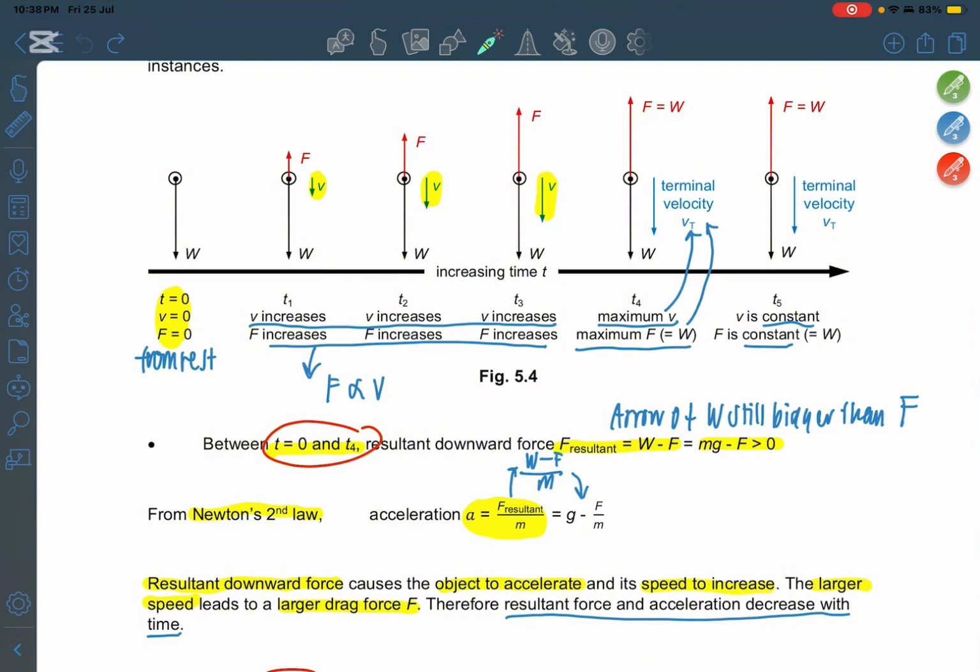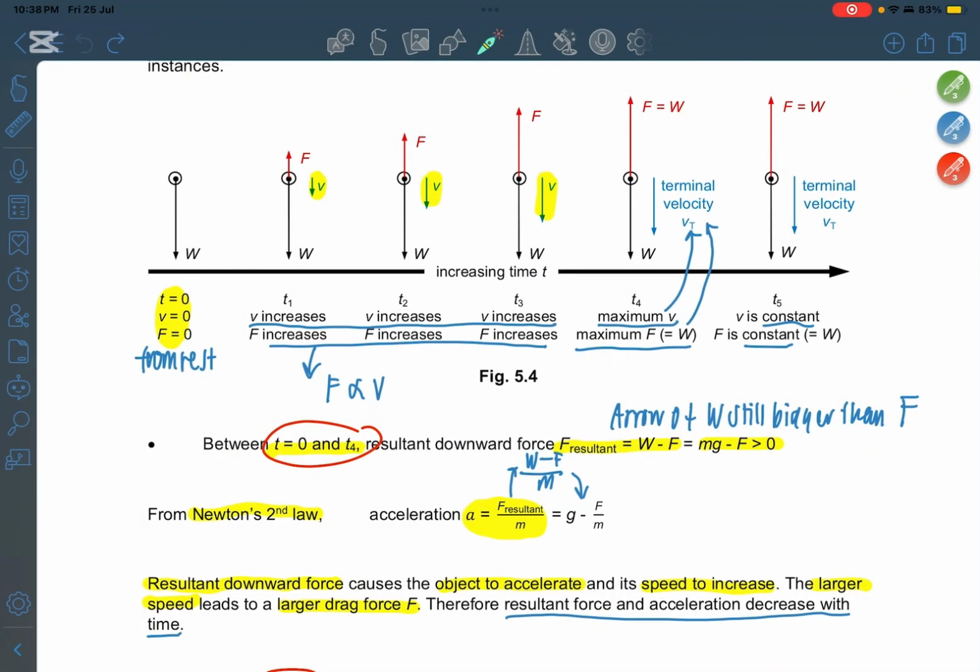Let me repeat again, because it's going to take quite a long time to actually understand the sentence. The resultant downward force causes the object to accelerate and its speed to increase. Imagine you go from here, it's stationary, until it starts increasing up to terminal velocity. That means this object is accelerating.